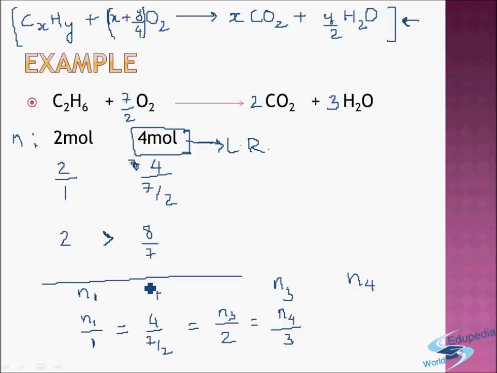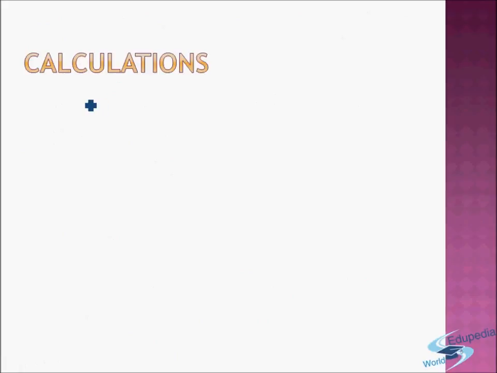I have identified the limiting reagent to be oxygen. So now I make the calculations assuming that I know the quantity of oxygen, but the quantities of the rest of the reagents are unknown. So 4 divided by 7 by 2 is equal to N1 by 1, is equal to N3 by 2 and N4 by 3. So N1 is equal to 8 by 7, which is equal to N3 by 2, which is equal to N4 by 3.